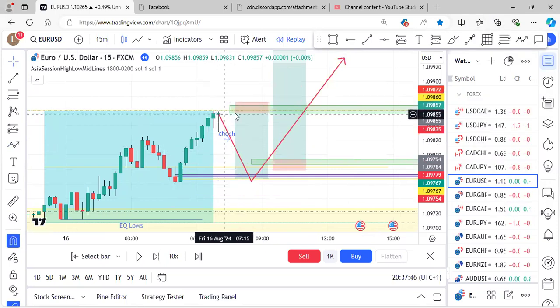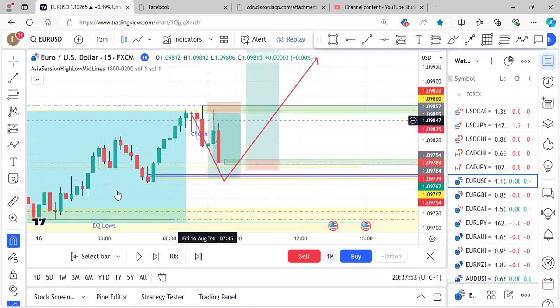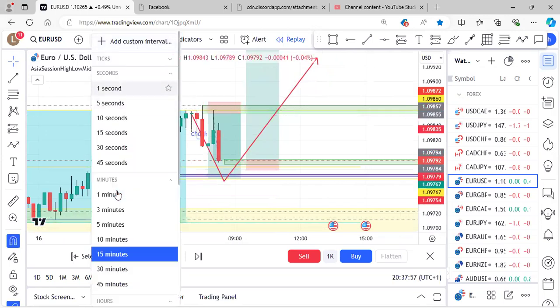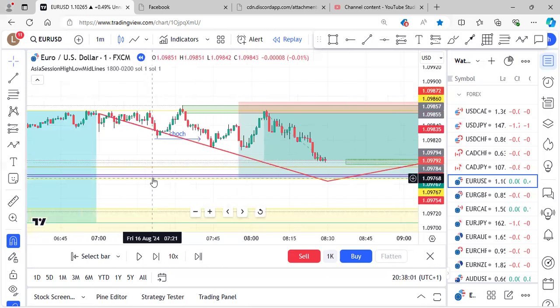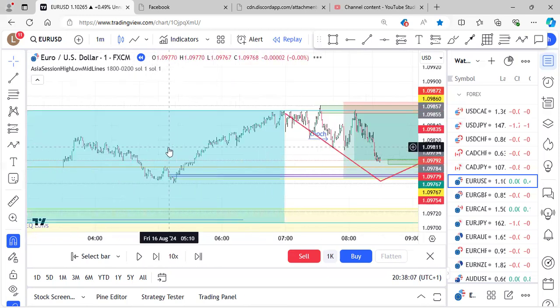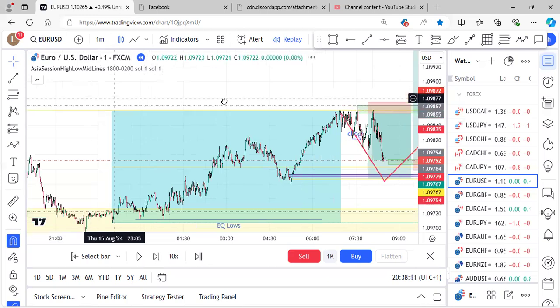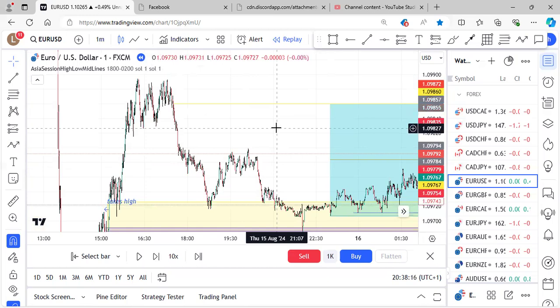But because it wicked the Asia high, did a 1 minute shift, little mini break under here, so it swept the Asia high, all this liquidity along here as well on the Asia. To the left there is an imbalance filling this. You'll just have to take the word for it.